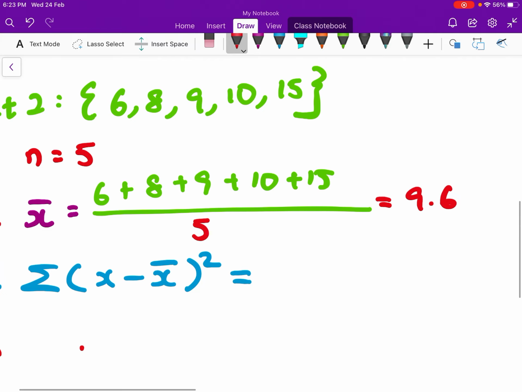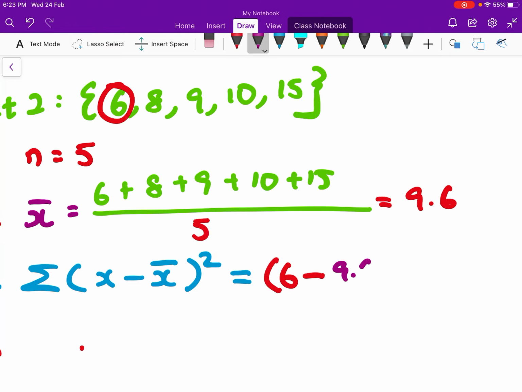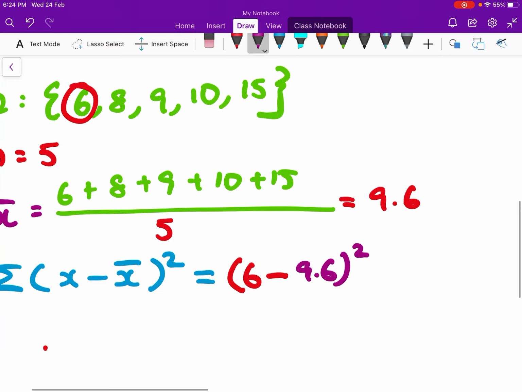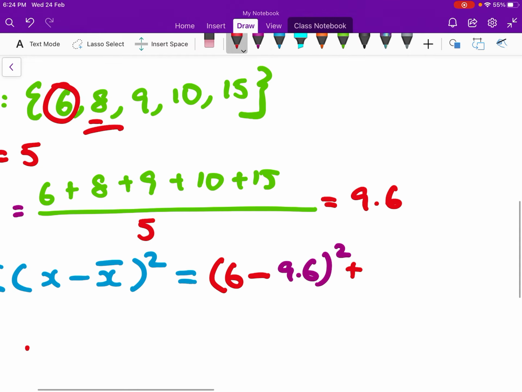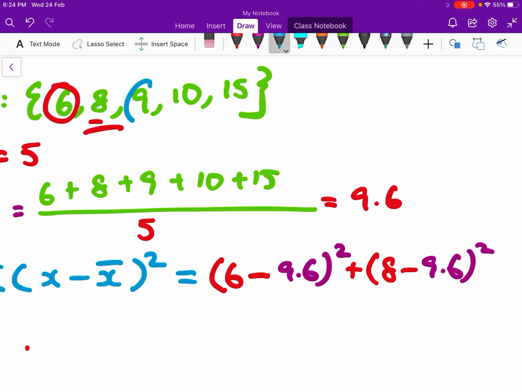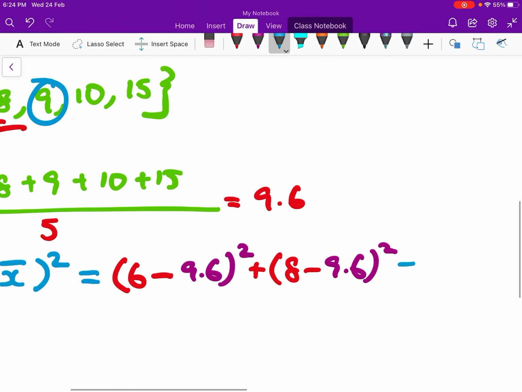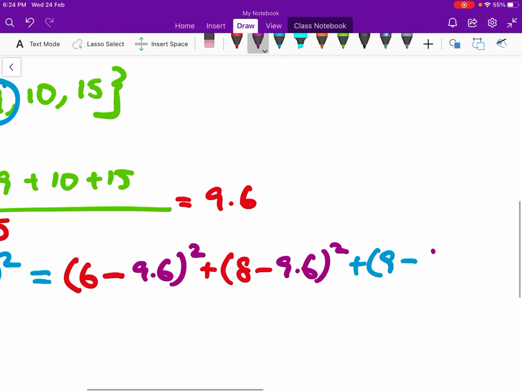First of all, let's put the first number, 6. 6 minus our average 9.6, then square. Go to the second number, 8 minus 9.6, square. Third number, 9 minus 9.6, then square.